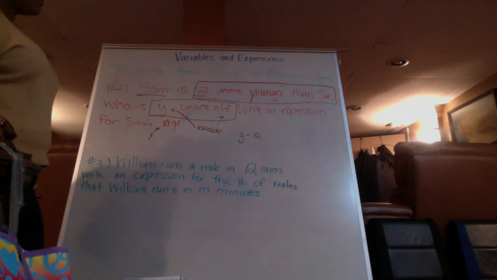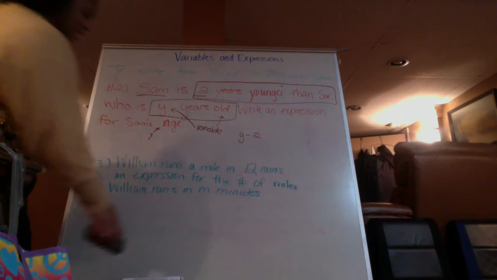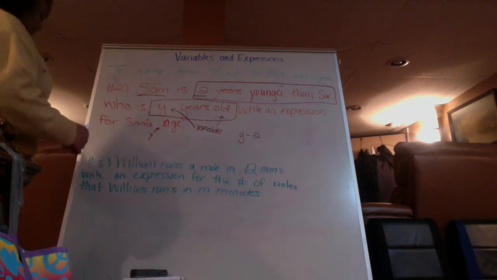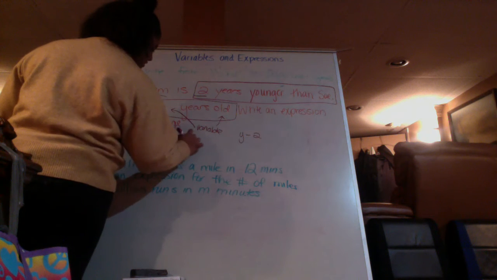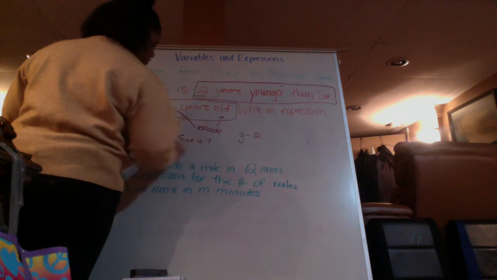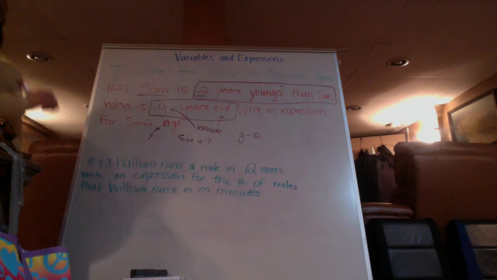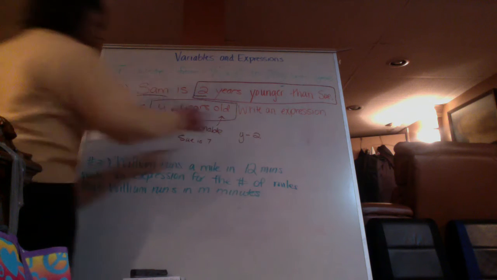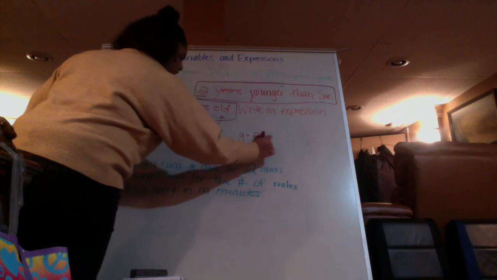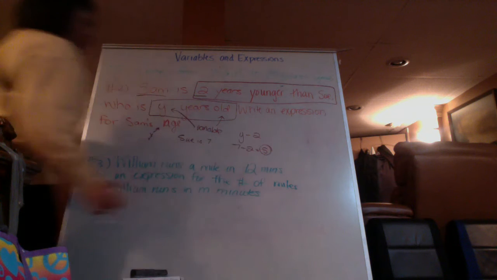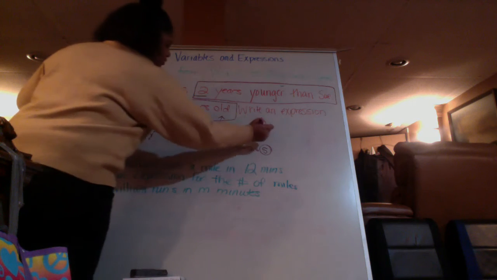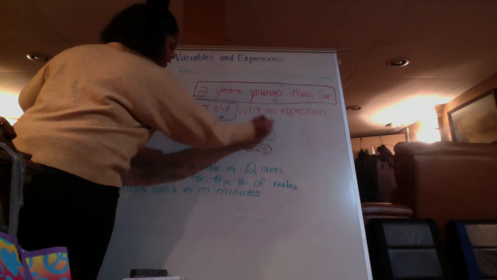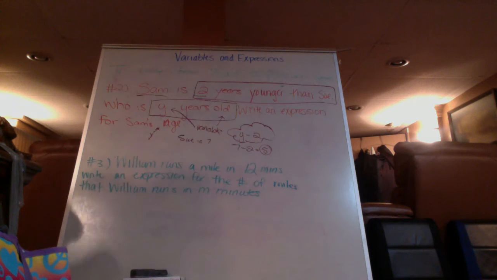Let's say they said Sue is 7 now. So how old is Sam? Well, then you would just do 7 minus 2 and you'd find out that Sam would equal 5. That's just an example, but the actual expression that we need is right here, which is Y minus 2.